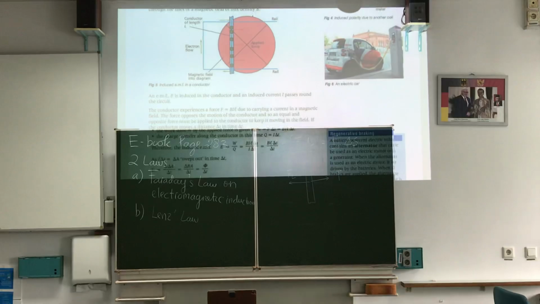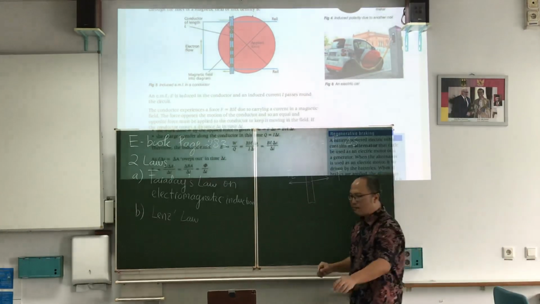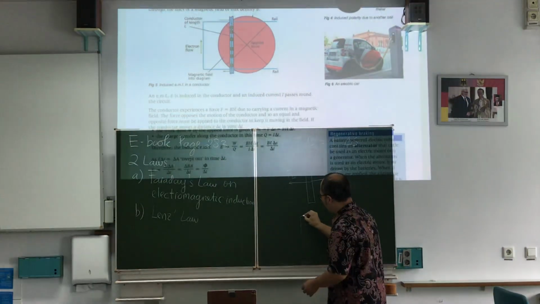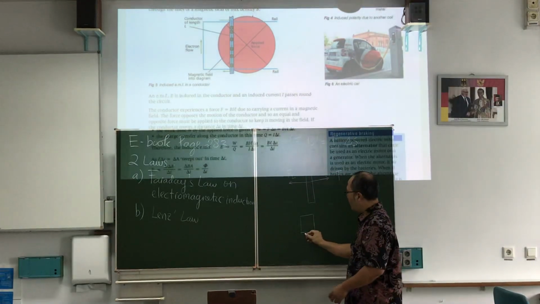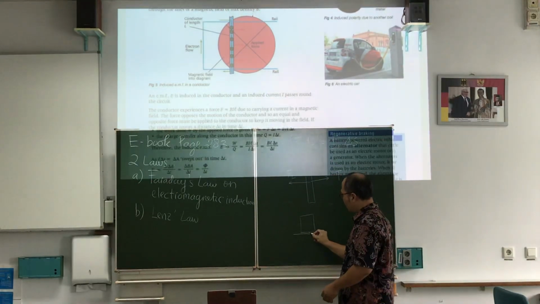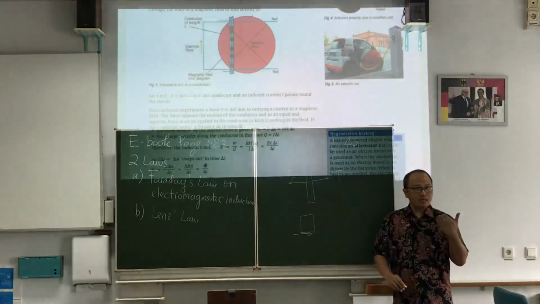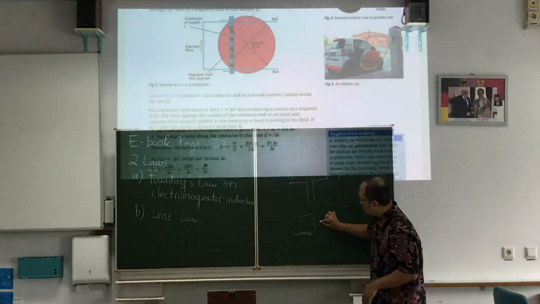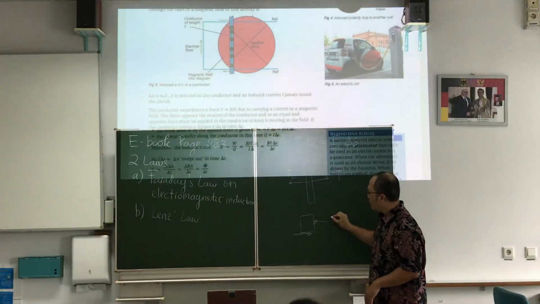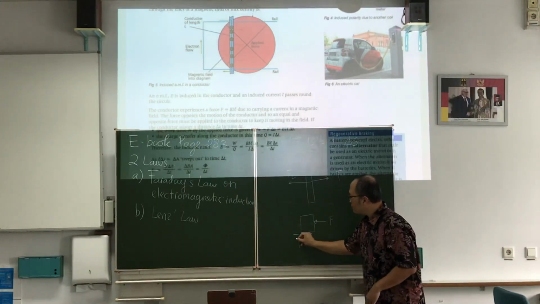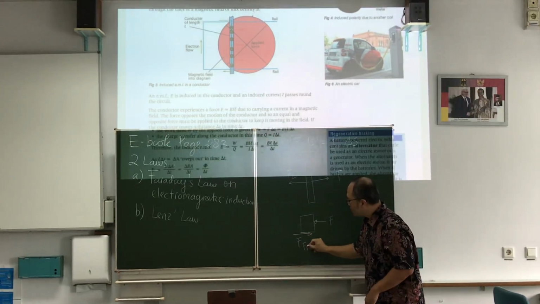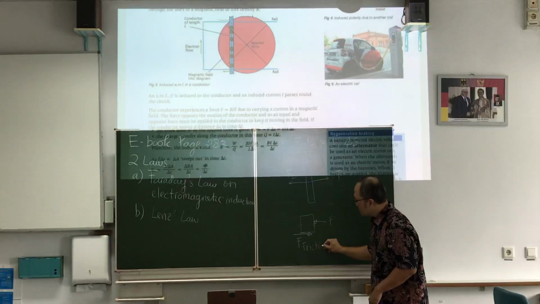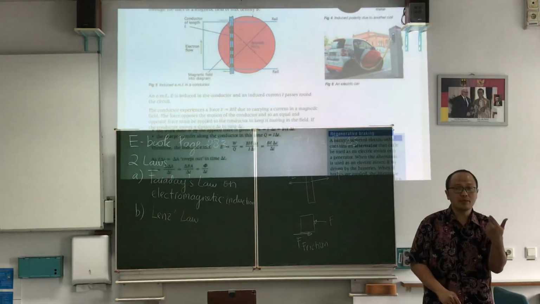Correct? So now, if this is my chair, the friction is directed toward me, and I have to give the chair a force which is the same size as this friction. No, not true, not the same size.